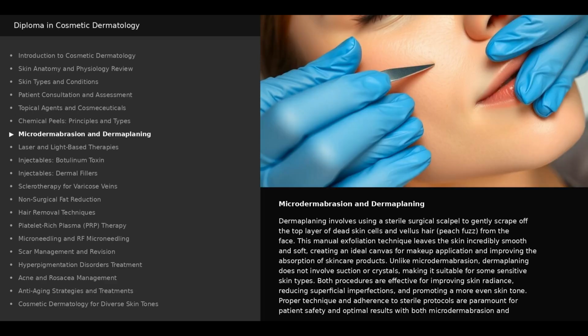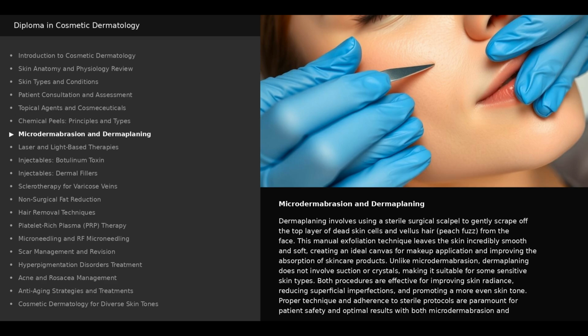Dermaplaning involves using a sterile surgical scalpel to gently scrape off the top layer of dead skin cells and vellus hair, peach fuzz, from the face. This manual exfoliation technique leaves the skin incredibly smooth and soft, creating an ideal canvas for makeup application and improving the absorption of skincare products.